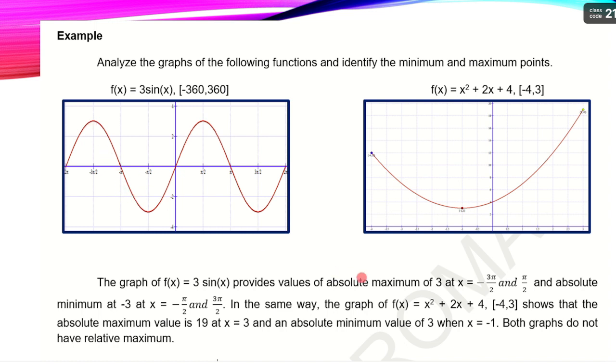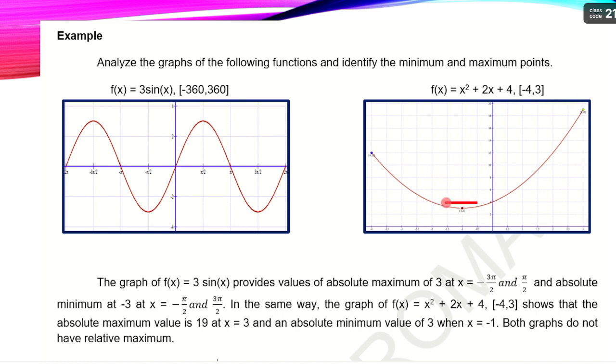In the same way, the graph, since this is over a closed interval, negative 4 and 3, you can see the graph.